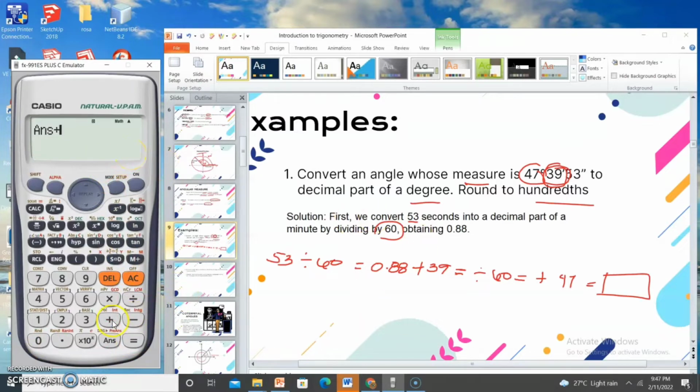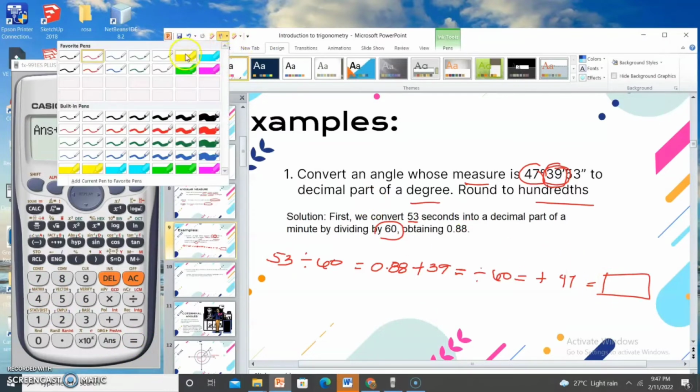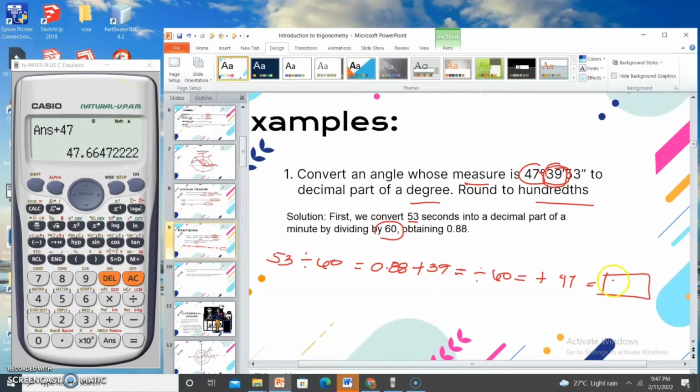Add 47 degrees. The answer is 47.6647. So that's the answer in how to convert an angle measure to decimal parts of a degree.